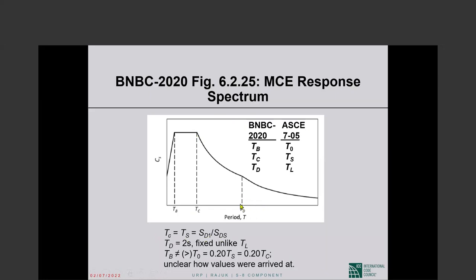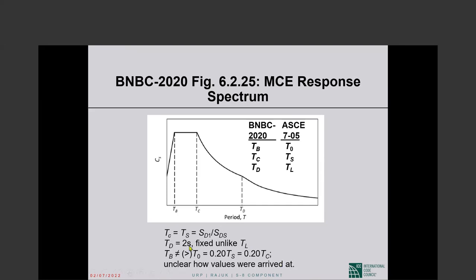T sub D, however, has a fixed value of 2 seconds. T sub L has multiple values ranging from 4 to 16 seconds in the US. The T sub B is, I find, kind of interesting. So T sub 0, the counterpart of T sub B, is simply 20% of T sub S. ASCE 7 tells you that.